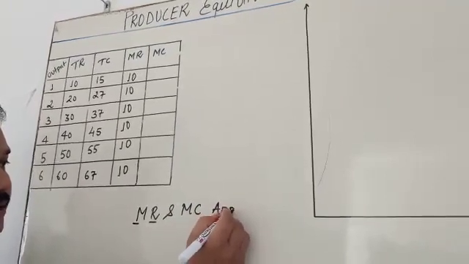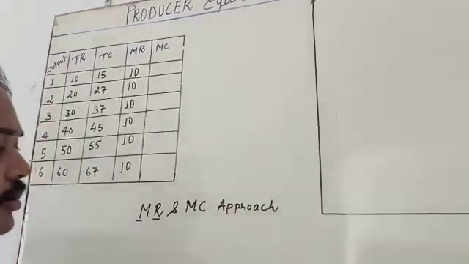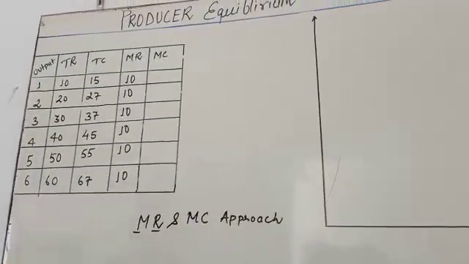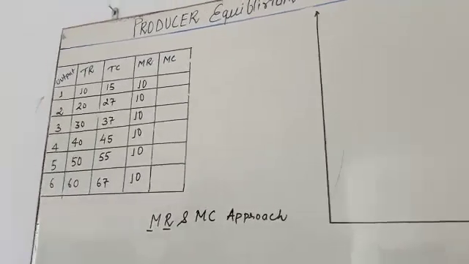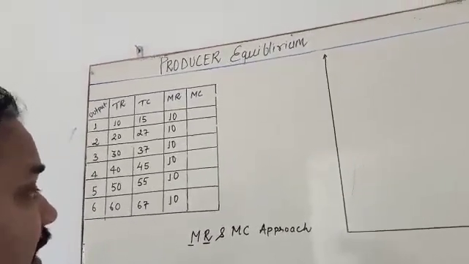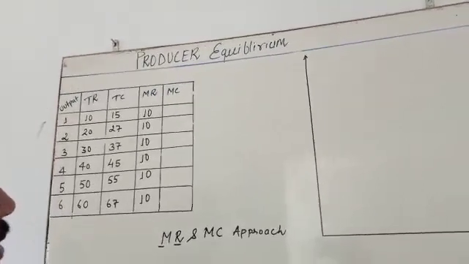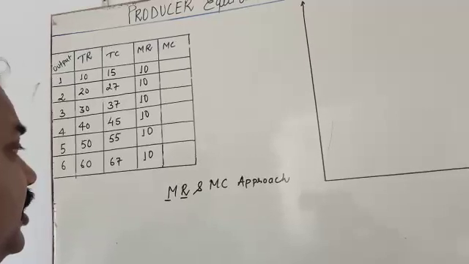We are going to find the profit of the firm. My dear student, you already know profit making is the basic or primary goal of the firm. So with the help of the MR and MC approach, I am going to teach how we calculate MR and MC.